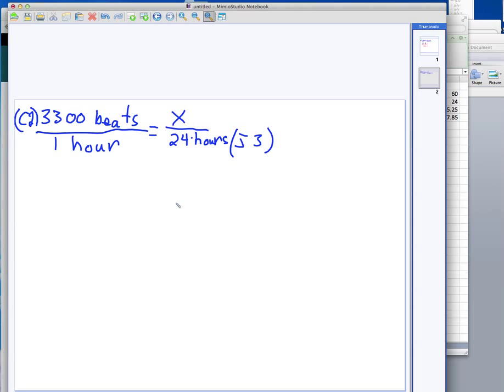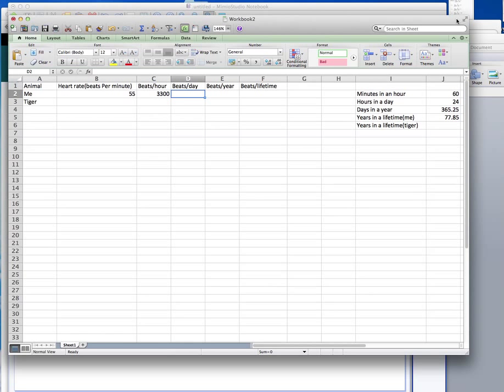If I follow the same pattern, our x is equal to C2 times J3. Now let's go back to Excel. Equals C2 times J3.